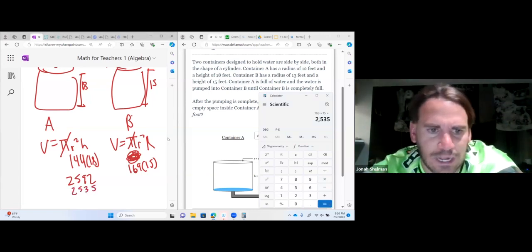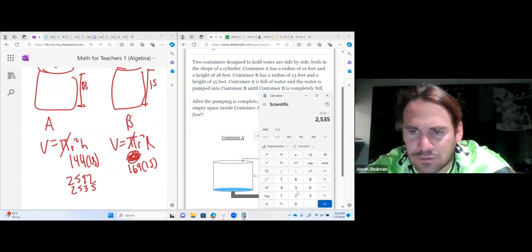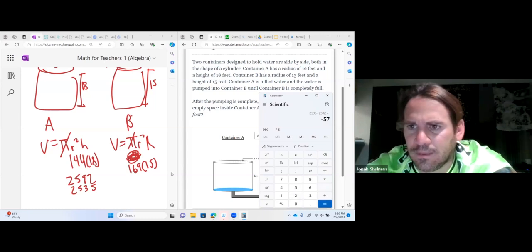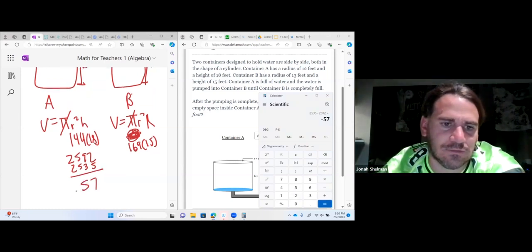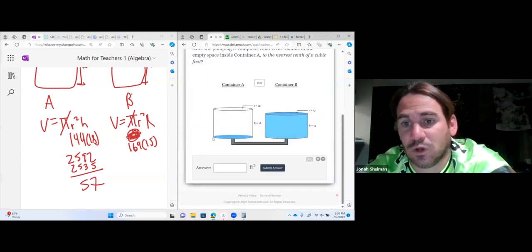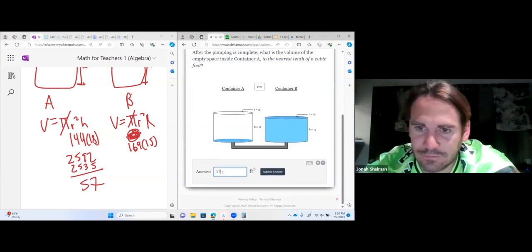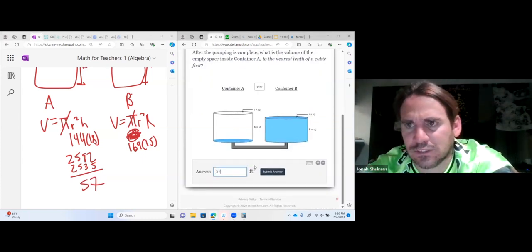And then we're just going to subtract. So 2592 minus 2535, the answer is 57. This means we got 57 left over. So let's see if that is the right answer. That's what I'm going with. 57 cubic feet. That's what this stands for, feet cubed.